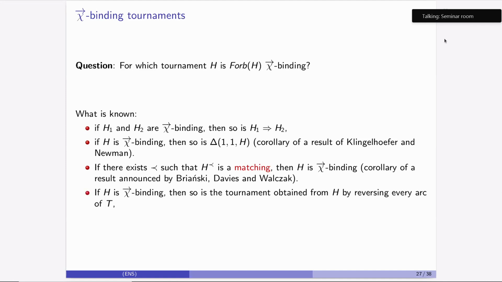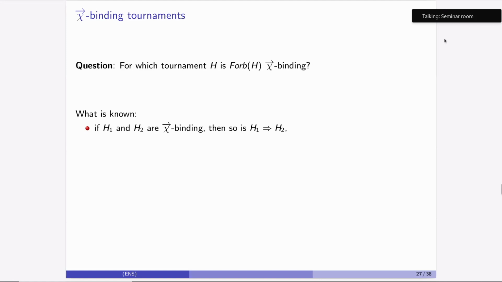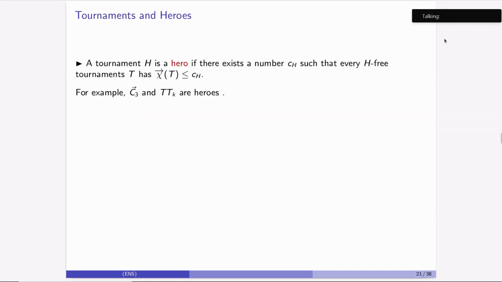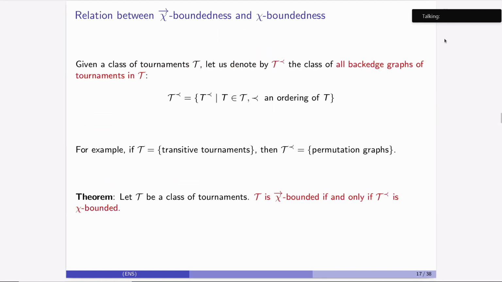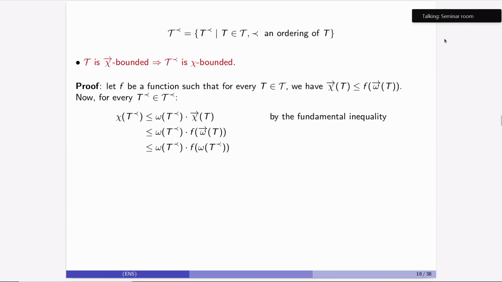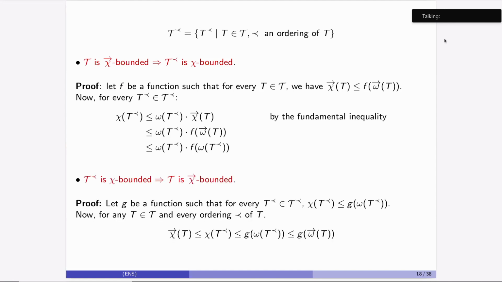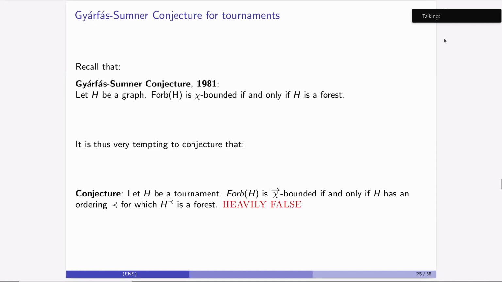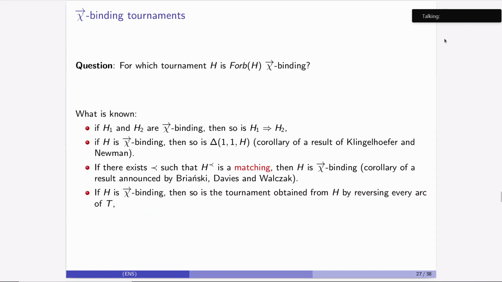And this is just an observation: if you have a tournament that is chi-bounded and you reverse all arcs, it is still chi-bounded. Okay, so this is what we know.